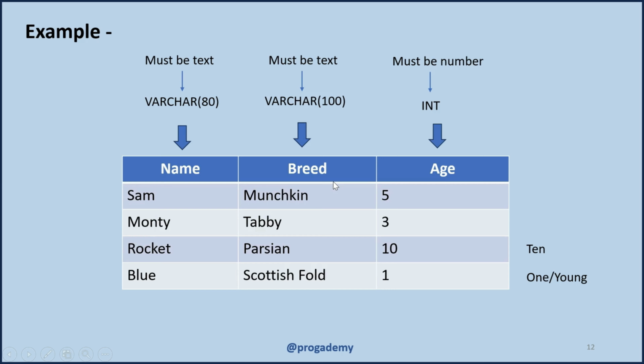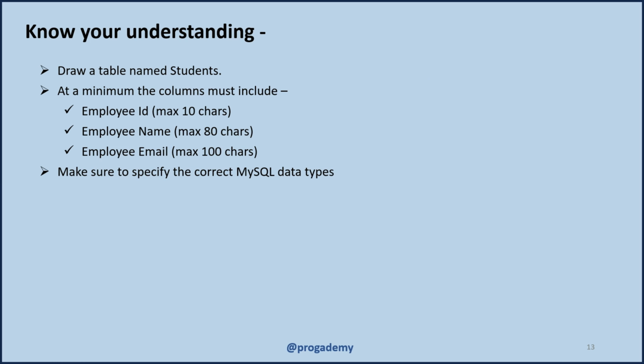Now you have one question to check your understanding. Draw a table named employee. At a minimum, the columns must include employee ID, which will be a maximum of 10 characters, employee name, which will be a maximum of 80 characters, and employee email ID, which will have a maximum of 100 characters.